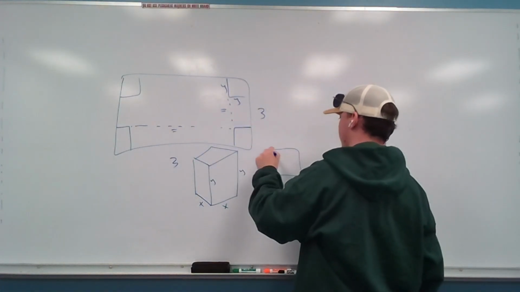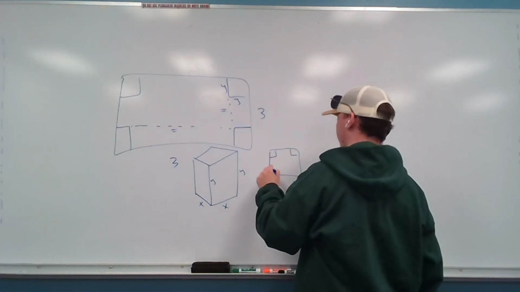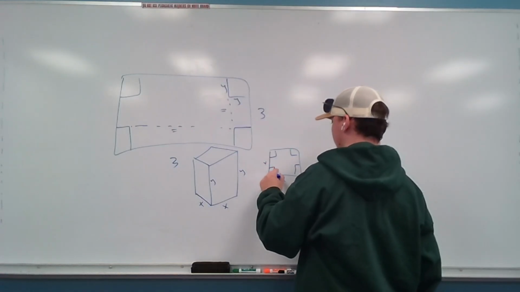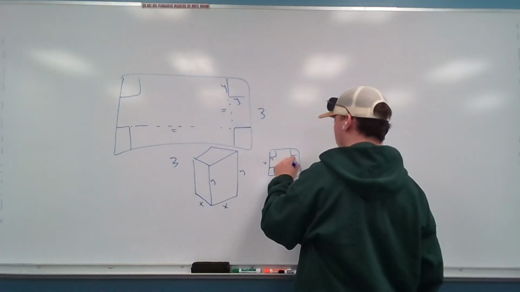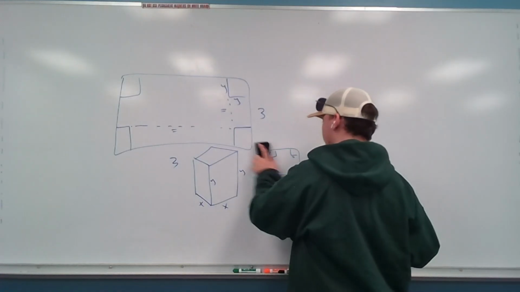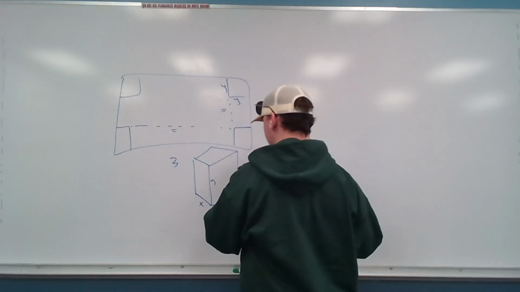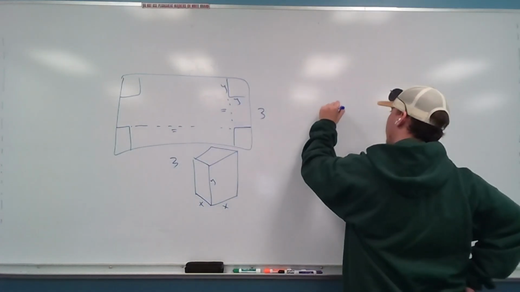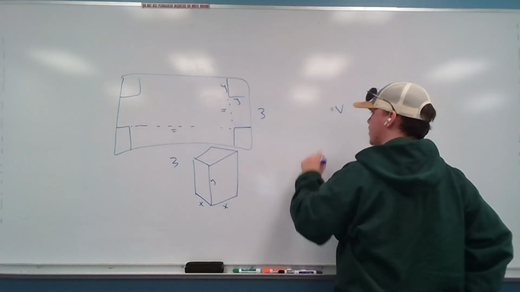Because if you have a square and then you square, square, square, square, the only possibility is that this is equal to this. And then these little bad boys are all y. So the volume of our box is going to be equal to x squared y.